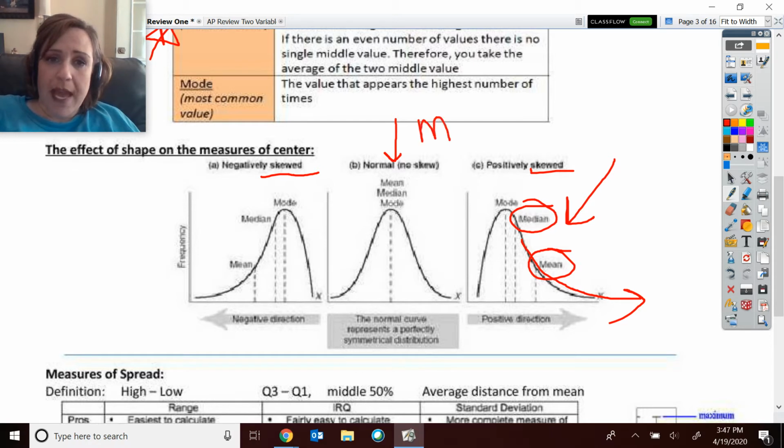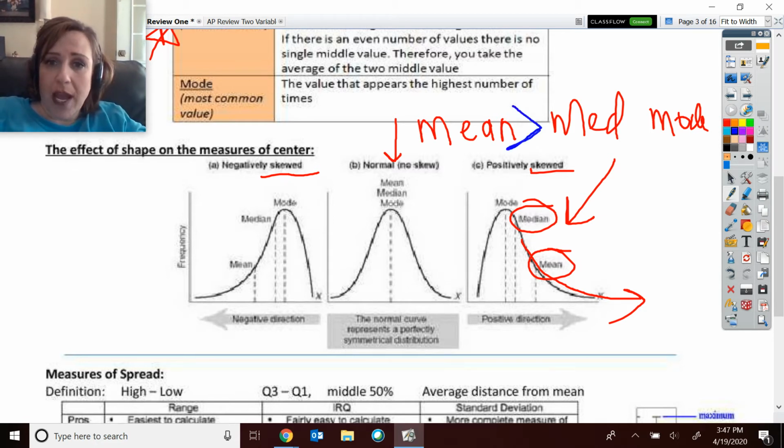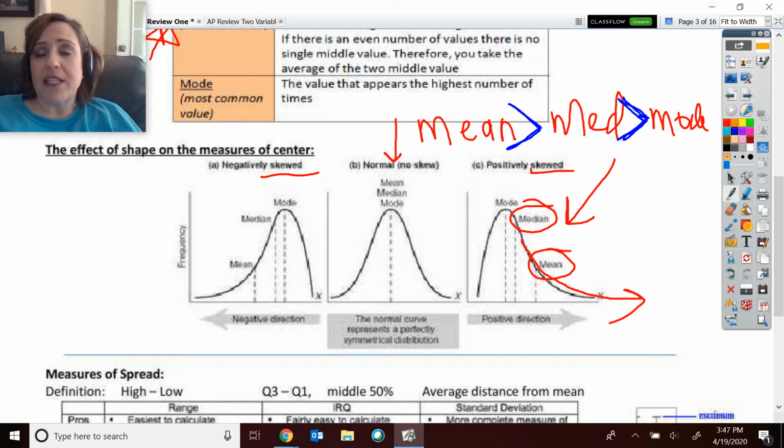Remember that we had that little thing that we used where we wrote them in order: mean, median, and then mode. And after we did that, then if it was skewed right, we would draw our inequalities pointing to the right, and we could see then that the mean is greater than the median, and that's greater than the mode. Okay?